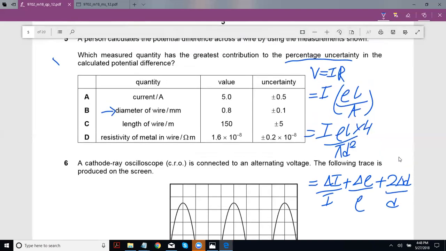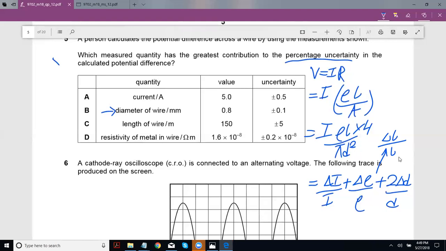So I believe, what should we do now? Add the fractional uncertainty of L too. Okay. So I think then whichever variable is the largest contributes the largest, right?